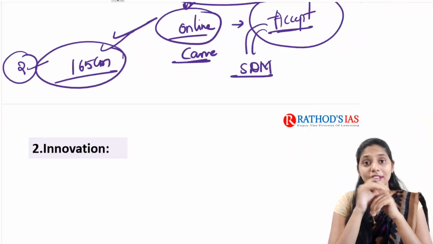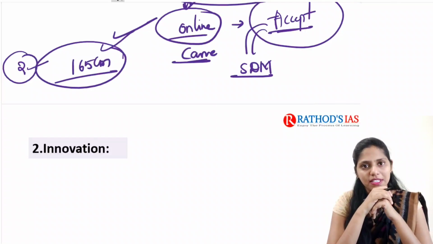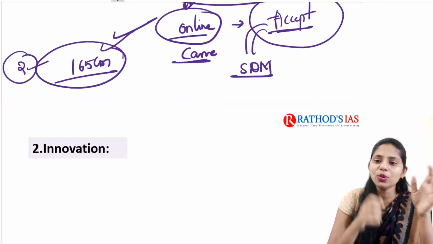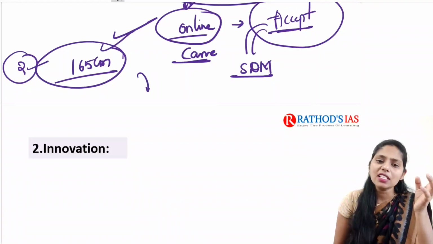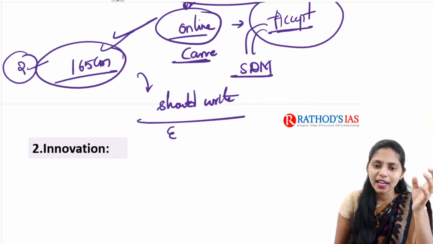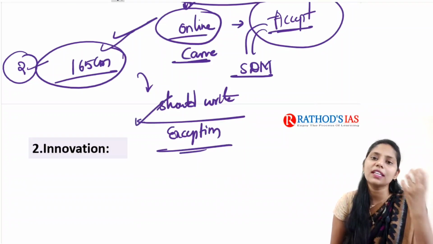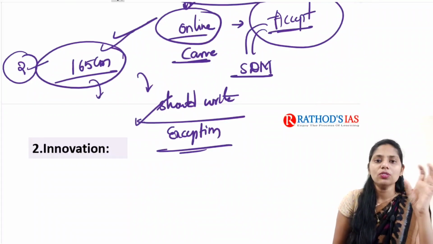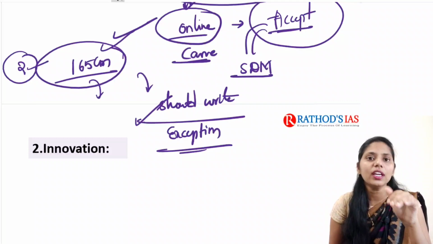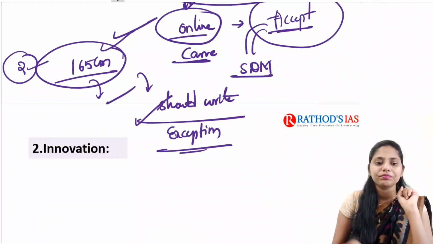For example, the maximum height is just 161 centimeters. Then what will you do? Here, as a civil servant, you should write an exception, incorporate this exception in the eligibility criteria, and you can give the minimum height that is mainly met by these tribal people.